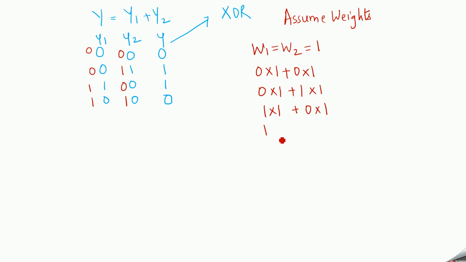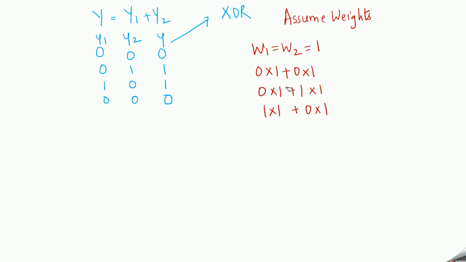And we are getting... So basically the mistake over here is when we are considering y is equal to y1 plus y2, we will be considering these inputs only. I'm sorry, I've made this mistake.